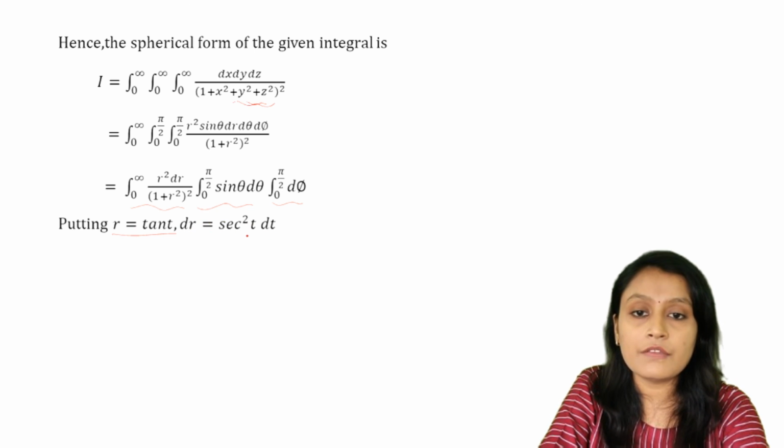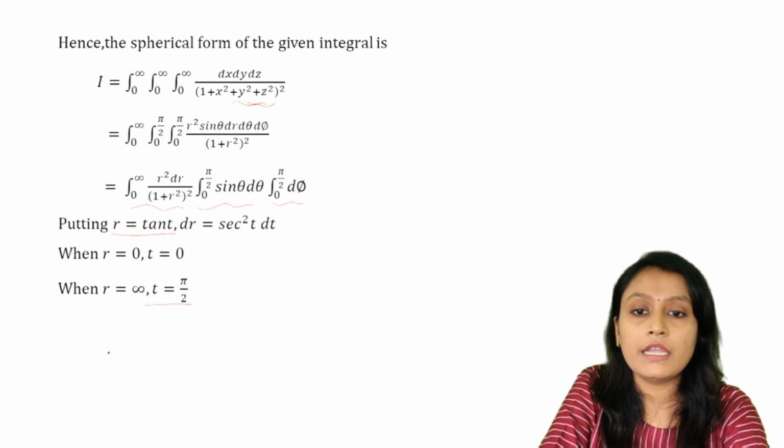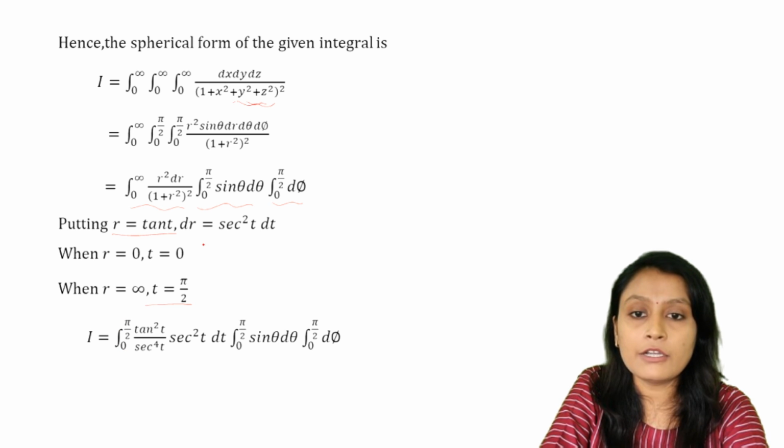Since we are changing the variable, we will change the limits also. For r equals 0, you get t equals 0, and for r equals infinity, you get t as pi by 2. So the new limit of t is 0 to pi by 2.